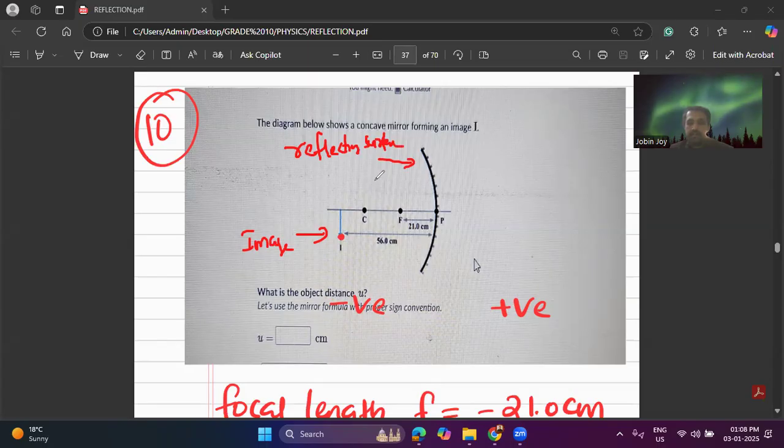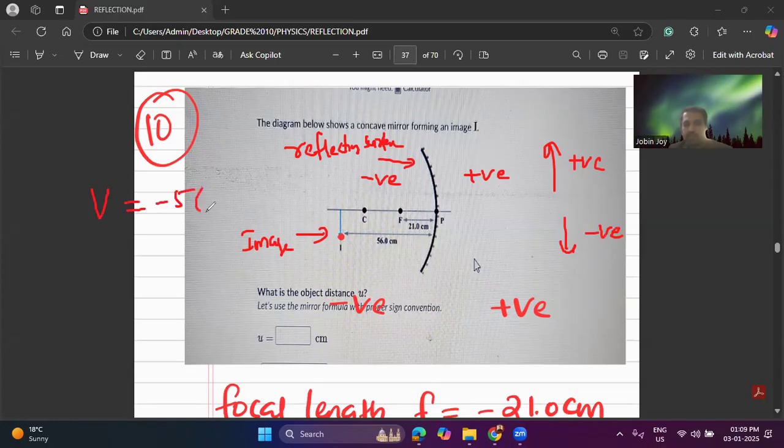This is negative and this is positive, right? Above the principal axis is positive and below the principal axis is negative. So here image distance V is equal to minus 56. Then F is equal to minus 21. Then you have to find what is the object distance U.